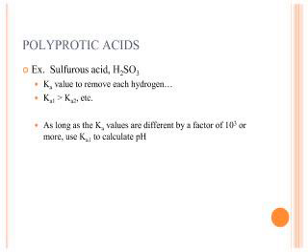All right. There are polyprotic acids, acids that contain more than one ionizable hydrogen, right? Like H2SO3. All right. So you can write out H2SO3 forms HSO3 minus and H plus, and that would have a Ka value.